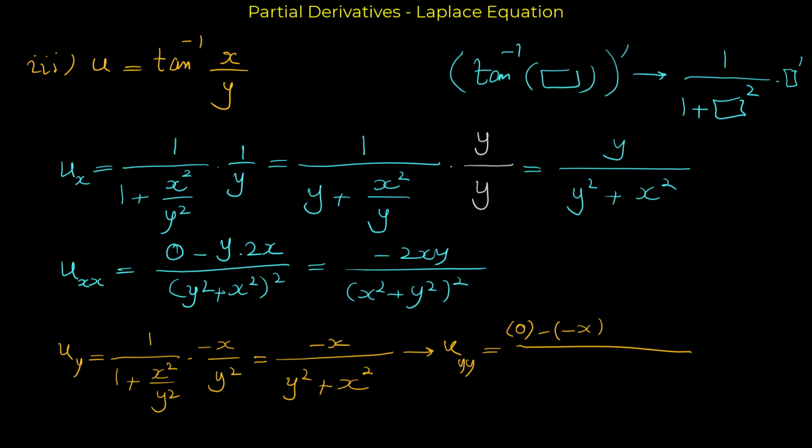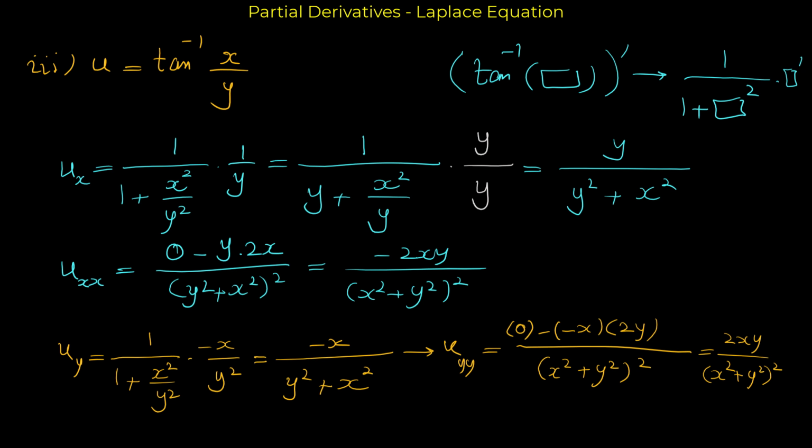What is the derivative of the denominator with respect to y? It would be 2y, all over y squared plus x squared, or x squared plus y squared. The order really doesn't matter. To the 2. So the answer would be 2xy over x squared plus y squared, to the 2.